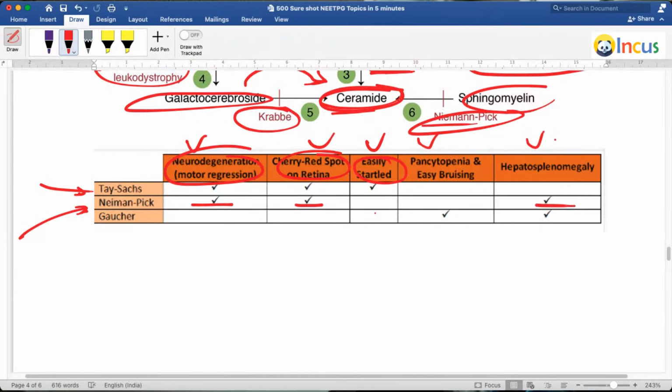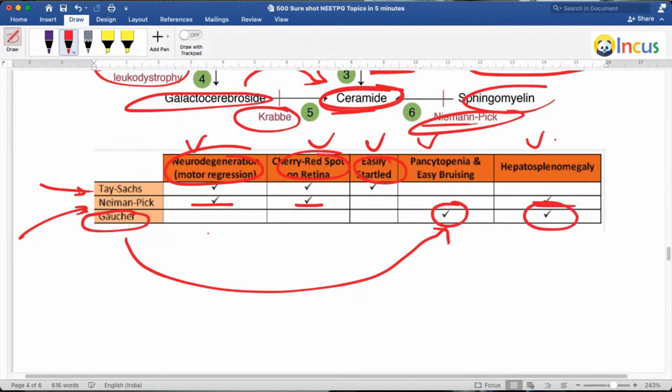That's what you need to remember. Then Gaucher, you have pancytopenia and easy bruising and hepatosplenomegaly, but not neurodegeneration or cherry red spot or easy startling. This is most important, based on the clinical vignette, whether it is Tay-Sachs, Niemann-Pick or Gaucher. You need to master this table, right?